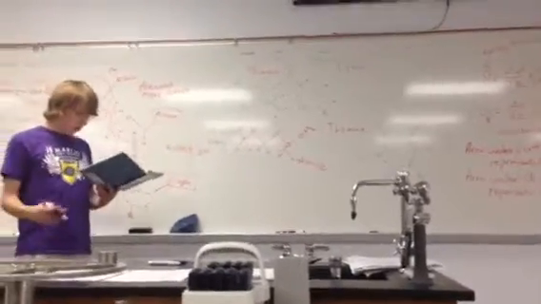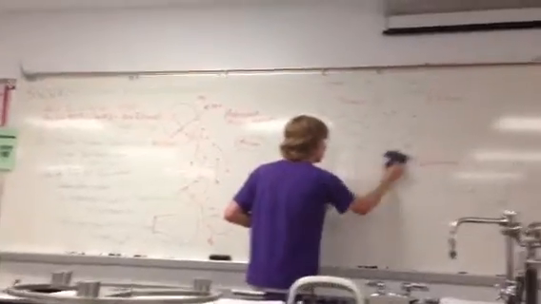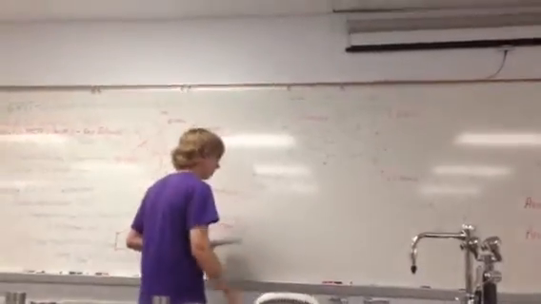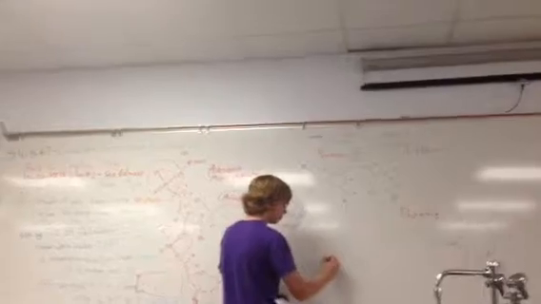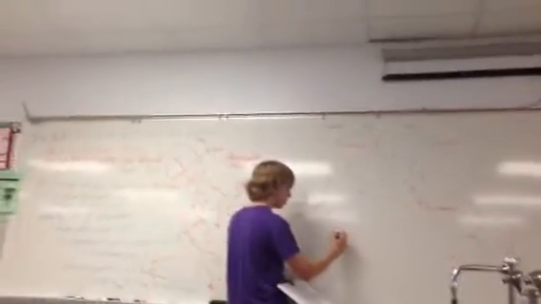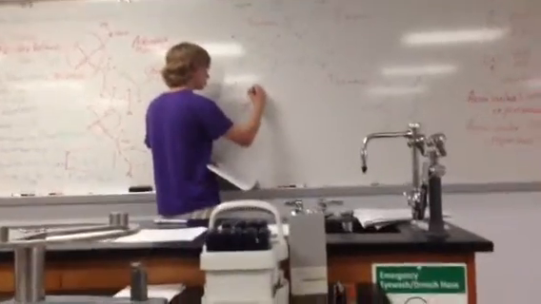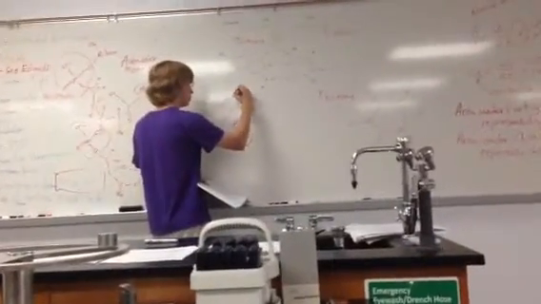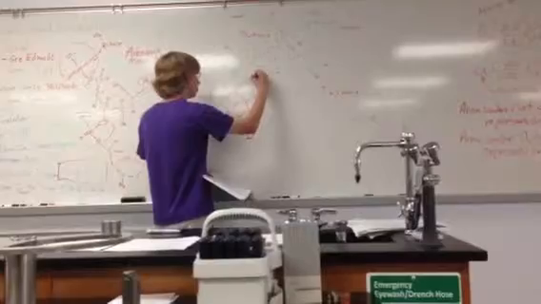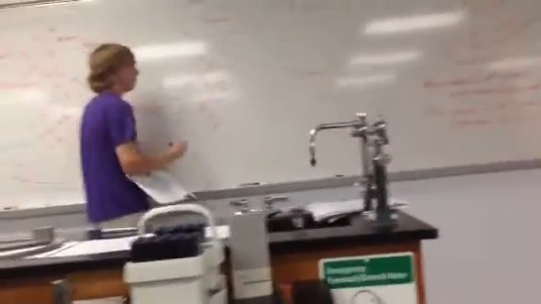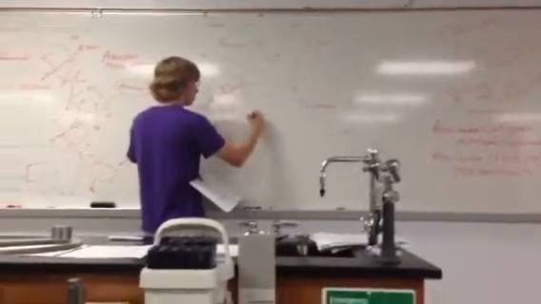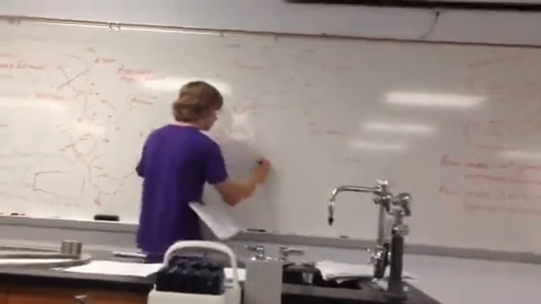So, overall, this will create a structure where you have a ribose bonded to a phosphate group, bound to a ribose, bound to a phosphate group, bound to another ribose. And so this will have all of your base pairs here.